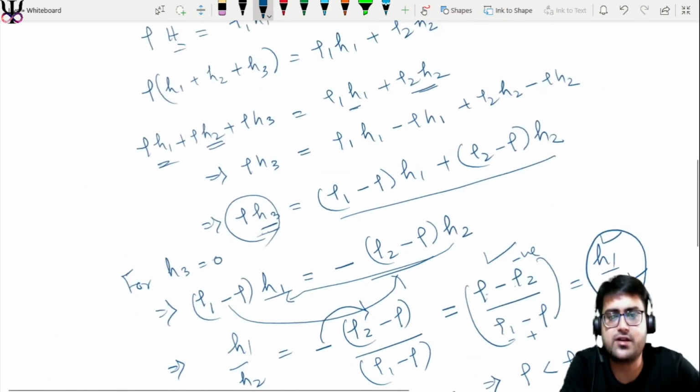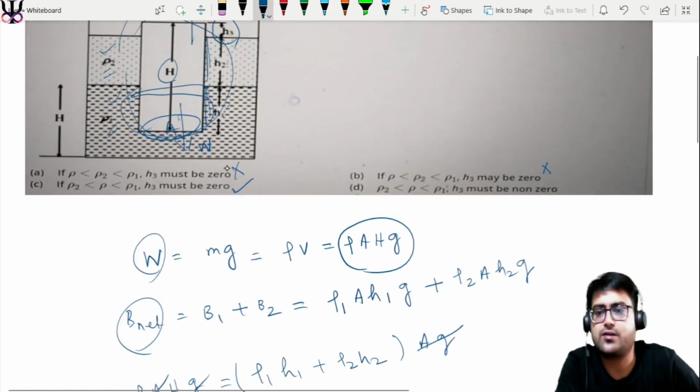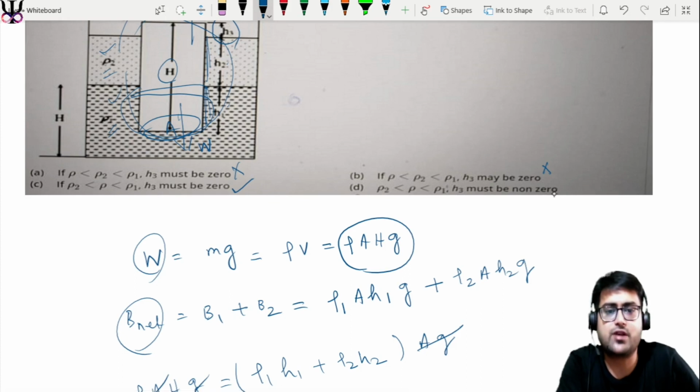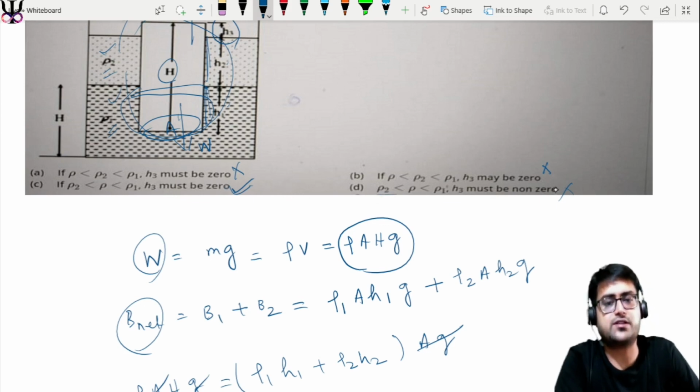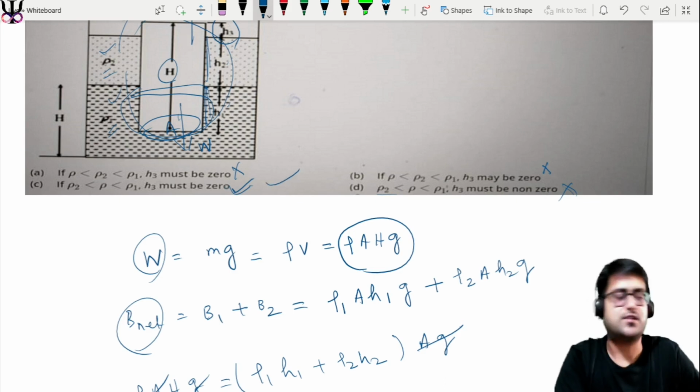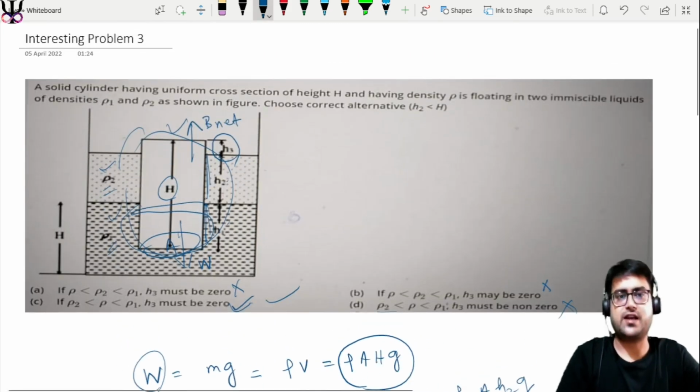We have this condition already, right? In this condition, if it must be non-zero, how could it be? In the same condition h3 has to be 0, so h3 cannot be nonzero. So this is wrong. So definitely C is the answer. This is how you find the answers to such problems.